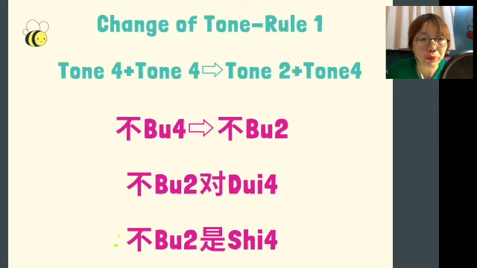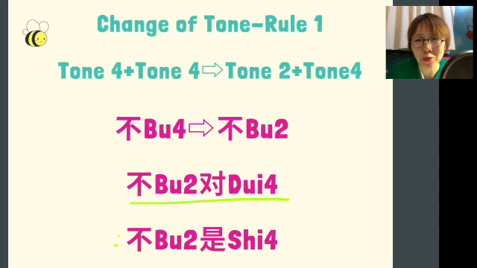For example, when the word is consisted of two characters which are both tone 4, the previous character will change from tone 4 to tone 2. For example, the original sound of 不 is the fourth tone. 不, remember? Order, angry tone. When it appears in the word 不对, we don't pronounce that.